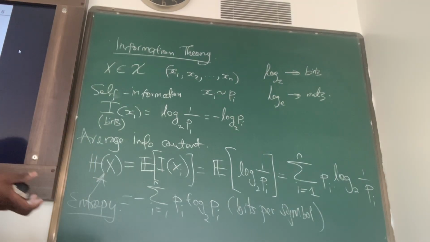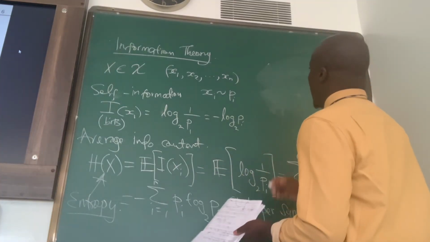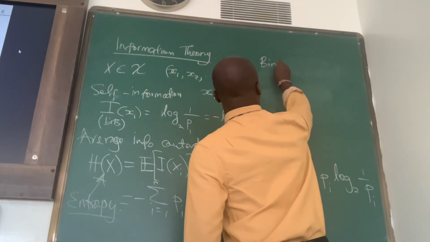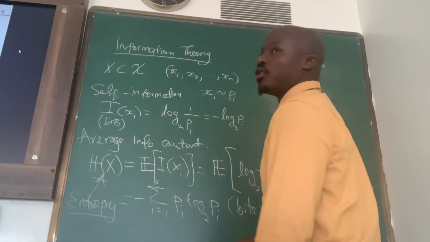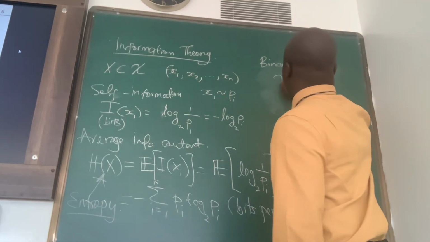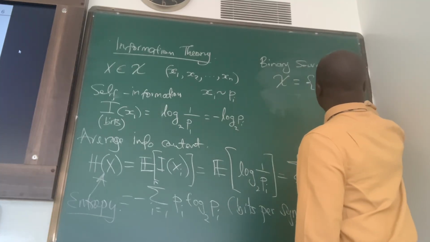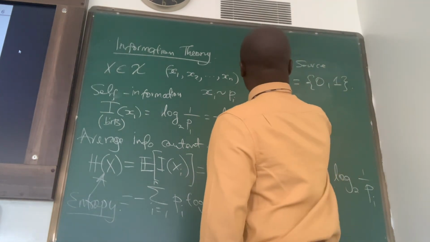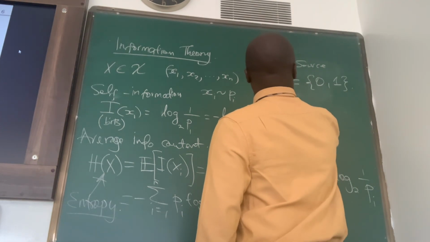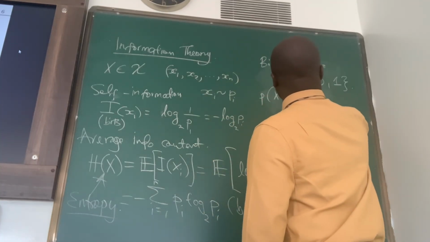so now if you have a binary source, the binary source means its alphabet is made up of 2 components. So it can be 0 or 1. Which means the probability that x equals 1 is p.